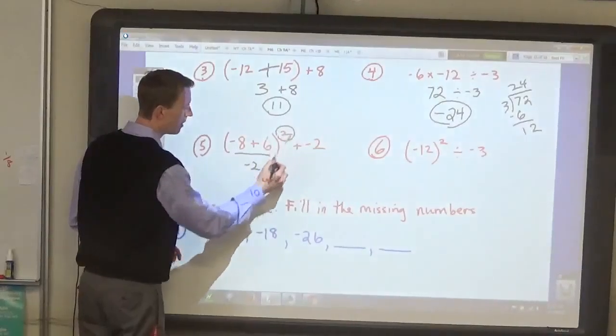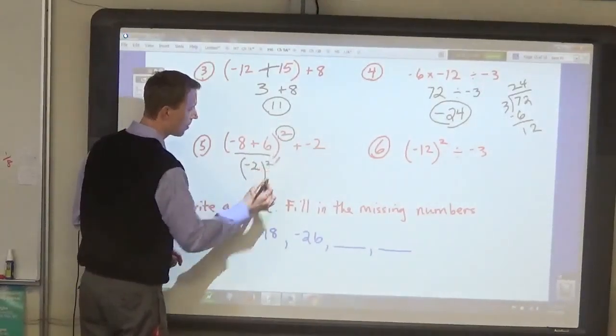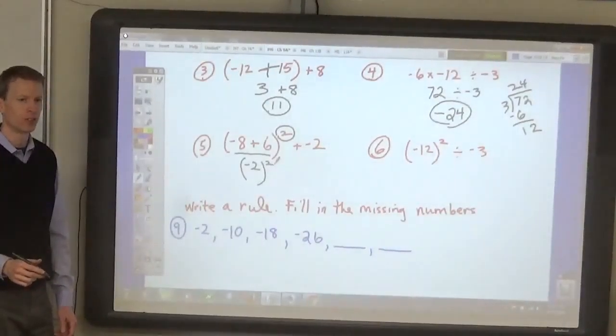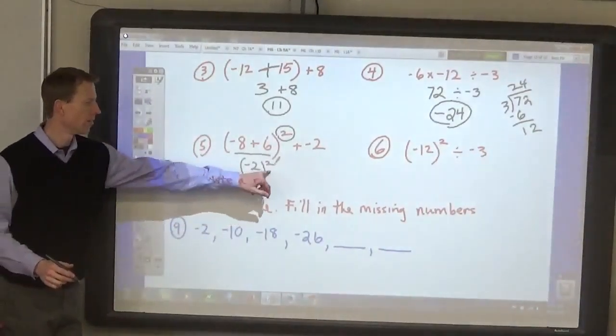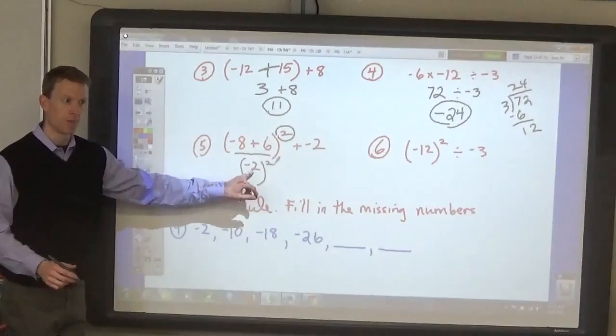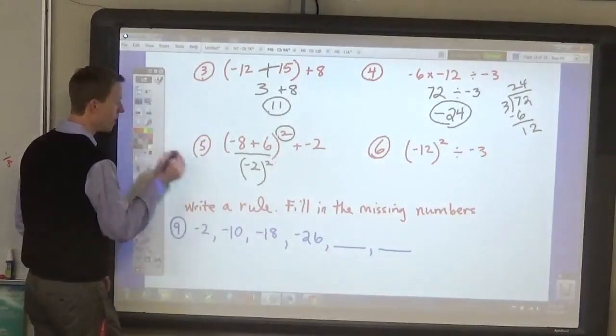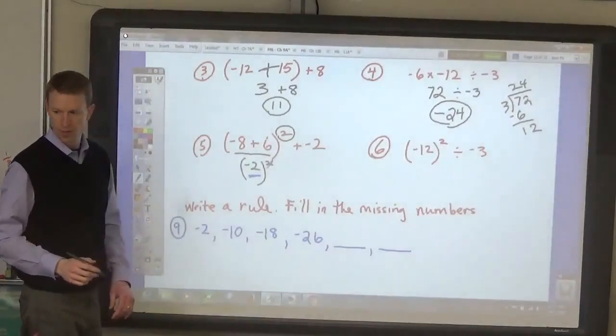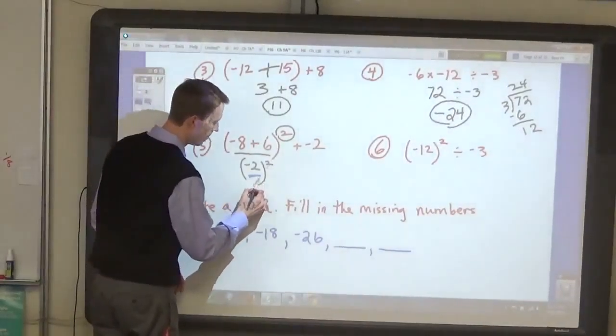Now, we have to bring this down and square that. What does that mean, squared? Times itself. So this means negative 2 times itself. That's 4.